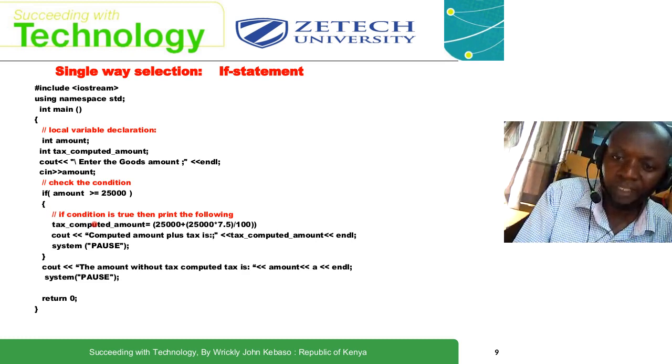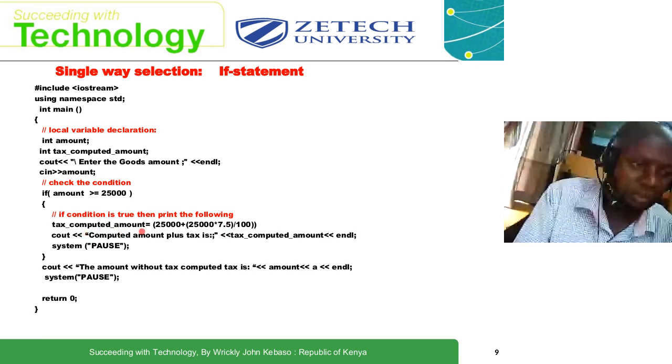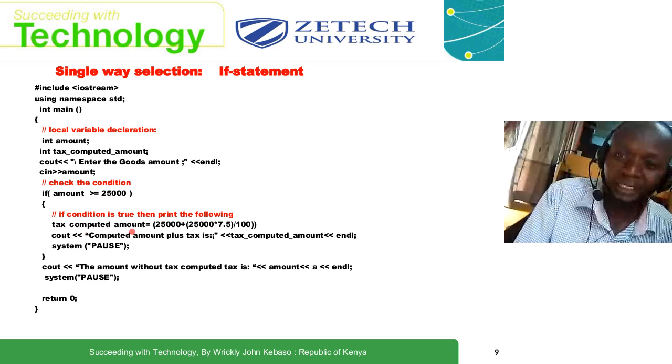Here we shall have a comment, we are just commenting on what's happening. So we are going to compute our tax. The tax_computed_amount, actually we compute the tax plus we add it into the amount to be paid. So we use the variable we declared up here for the computation, and then we use the assignment operator, the equal sign, and we open a bracket.